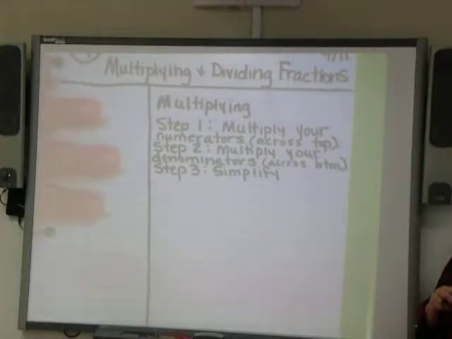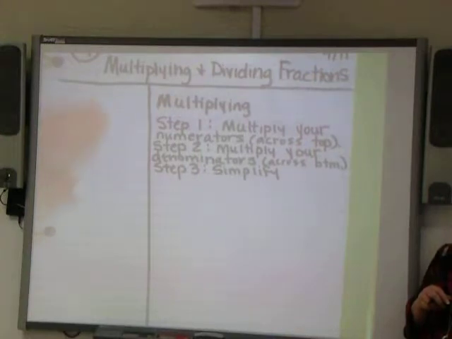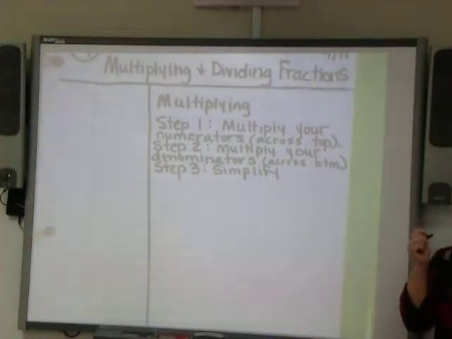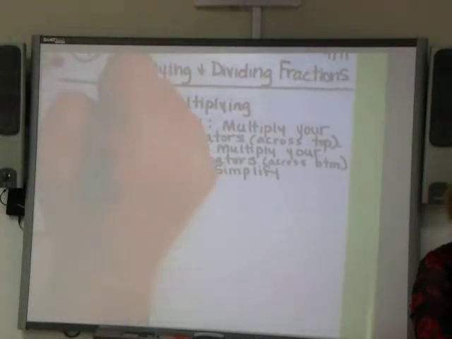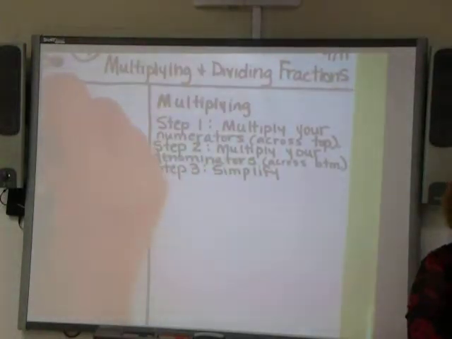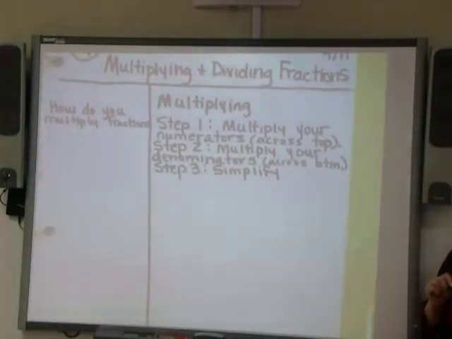In my margin, since this is a set of notes, I might say, how do you multiply fractions? Question mark.